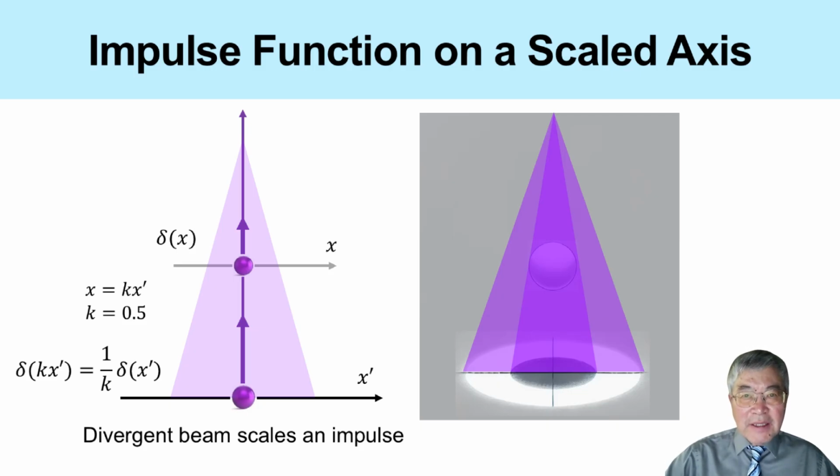Because the beam is divergent, this small object will appear larger when it is projected onto the detector. So the delta function is magnified. This is easy to see in the figure on the left. The object is small, but its projection on the detector is scaled up.